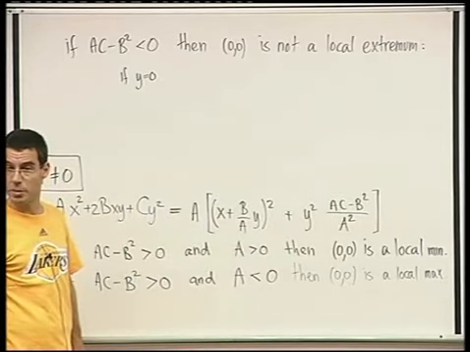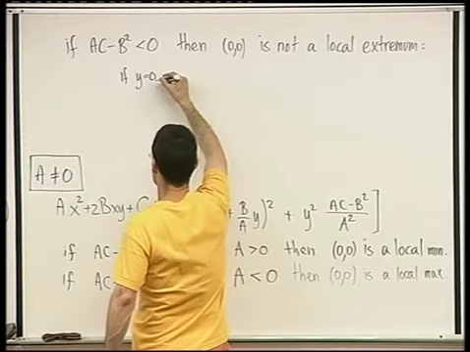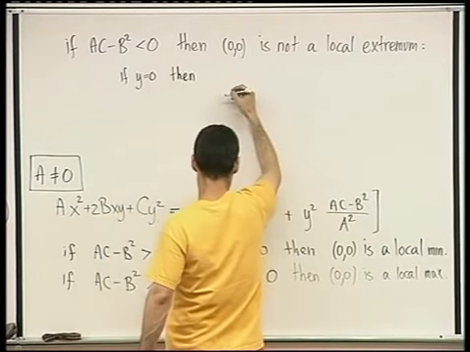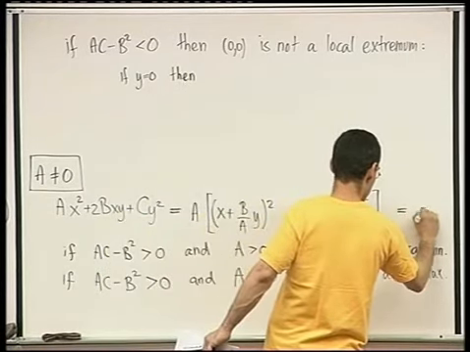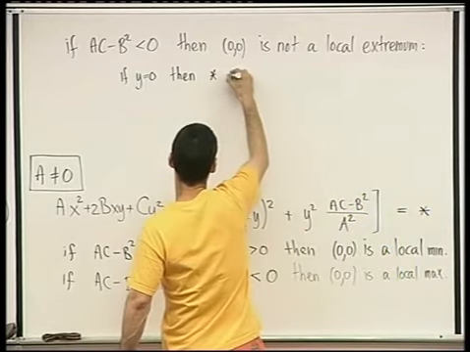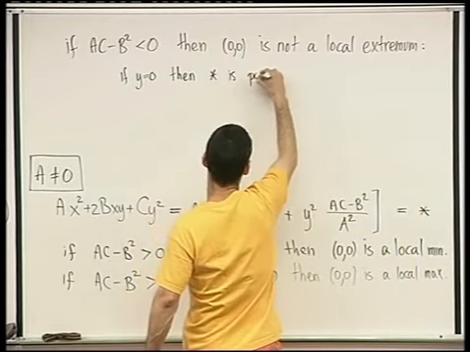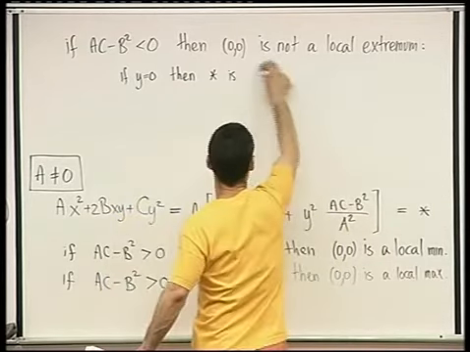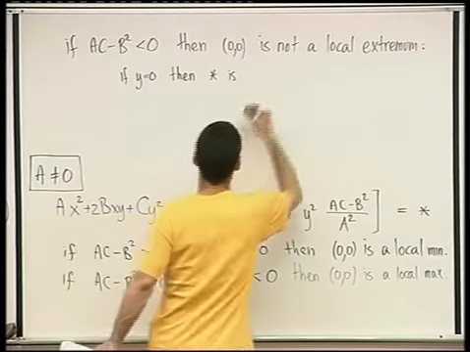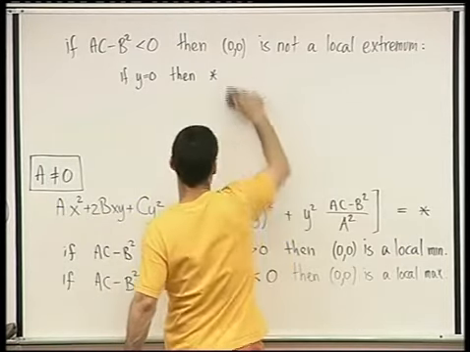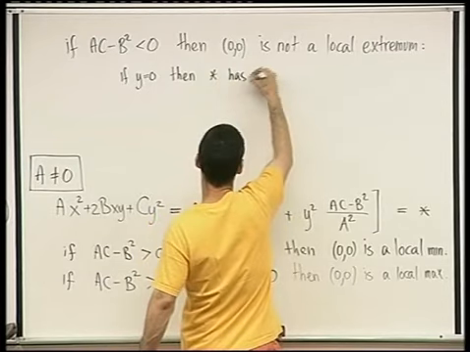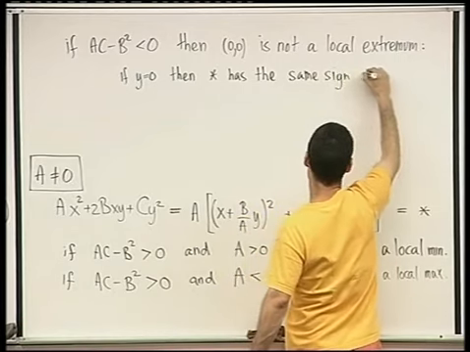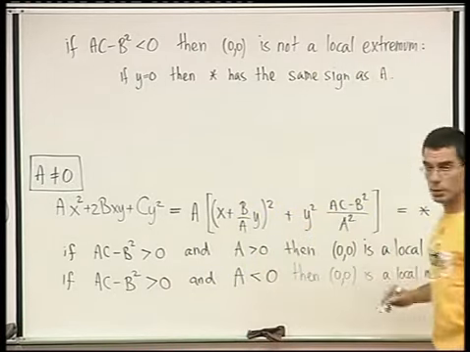Does everybody see that? Let's call this entire thing star. For any point where y is 0, star is positive or negative. Then star has the same sign as a. Do you agree?